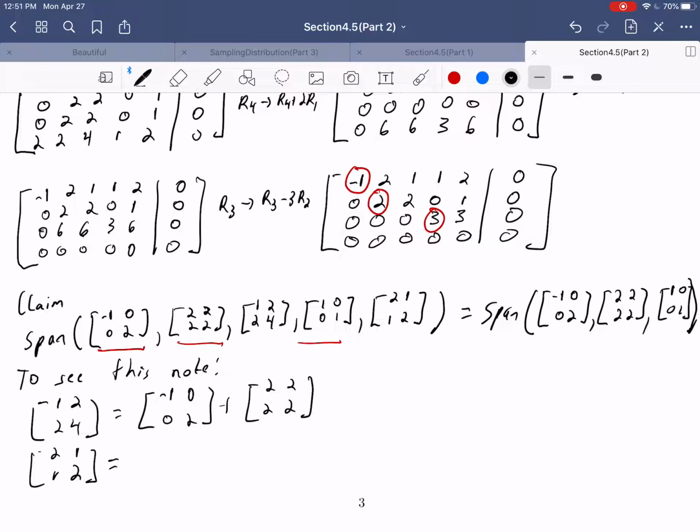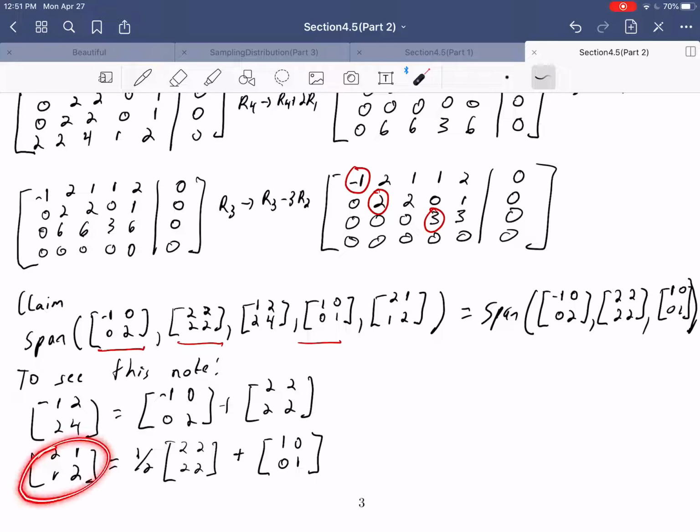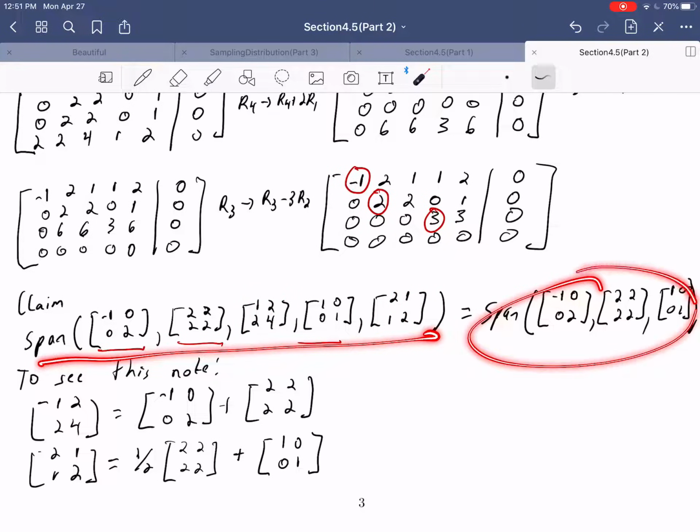Well, that guy is actually 1/2 of 2, 2, 2, 2, which would be 1, 1, 1, 1, plus 1, 0, 0, 1. And that will actually give us 2, 1, 1, 2. So anything that can be built out of 2, 1, 1, 2 can just be built out of this guy and this guy. So deleting these doesn't actually change anything. In other words, the span of this is the same as the span of this.